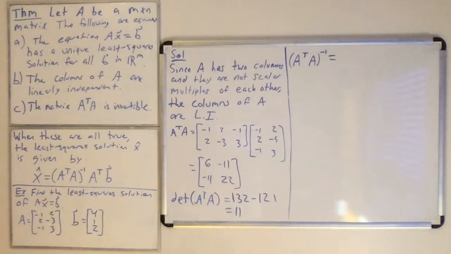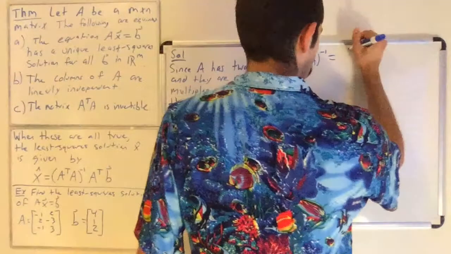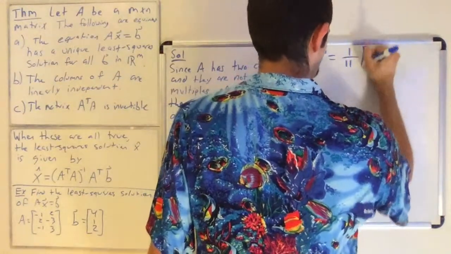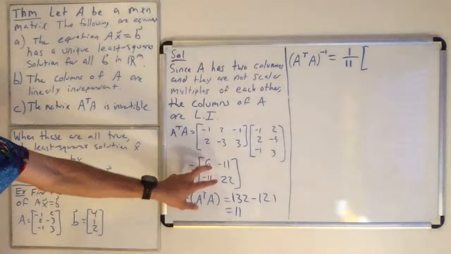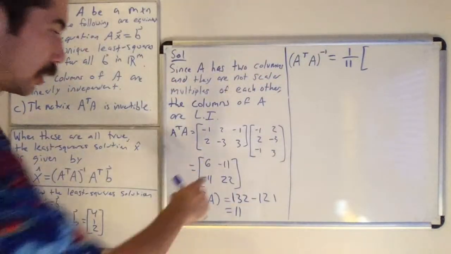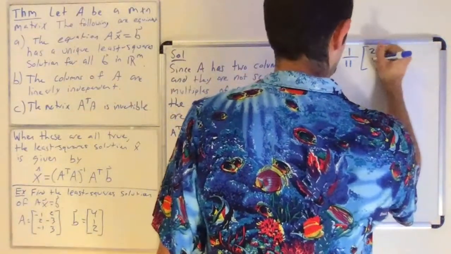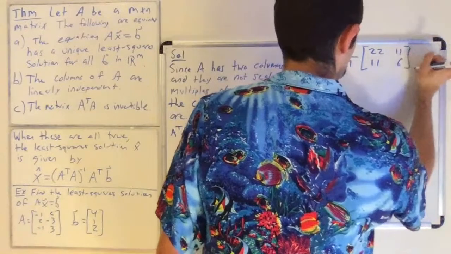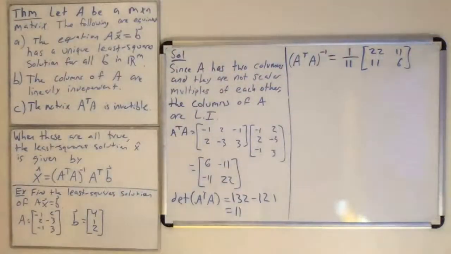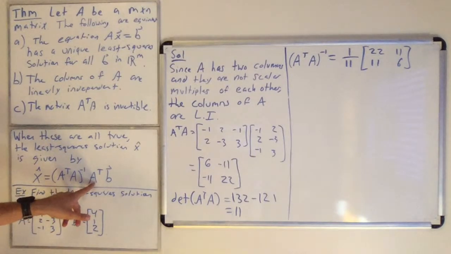So A transpose A inverse is 1 over 11 times the matrix where you switch the main diagonal and you change the sign of the other diagonal. Okay, and now we just need A transpose b.